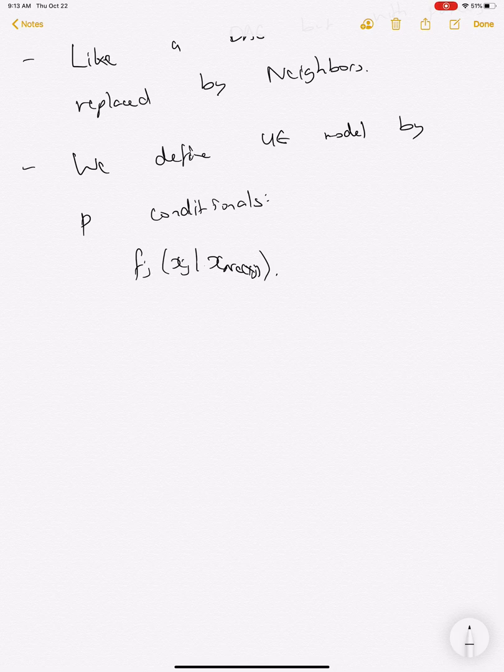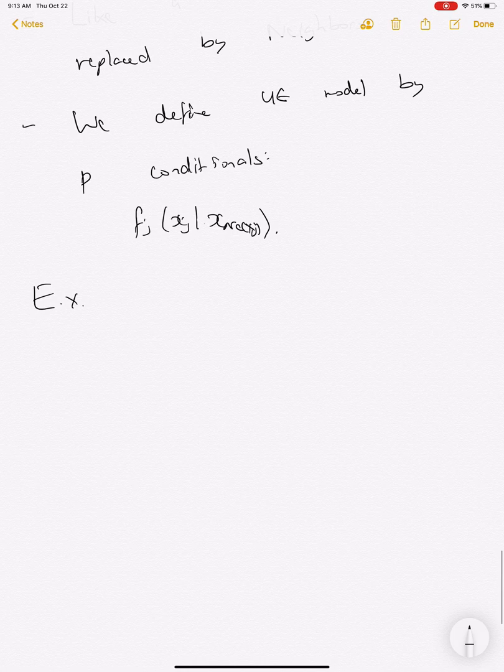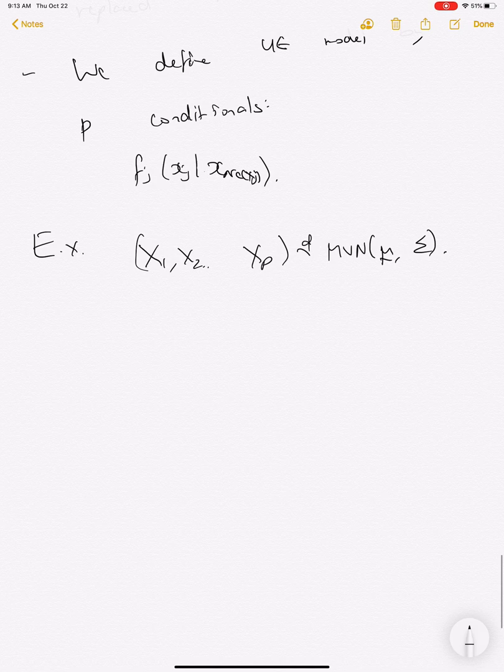So to take a concrete example, we're going to go back to the normal example because it's probably the easiest one to think about. We're going to have mu, sigma again, like we've had earlier.